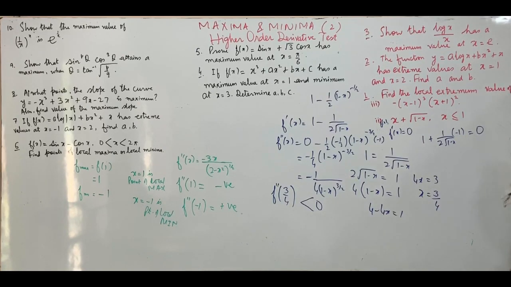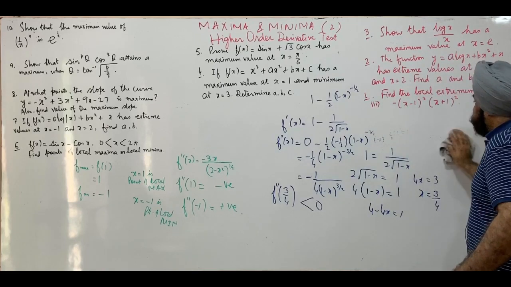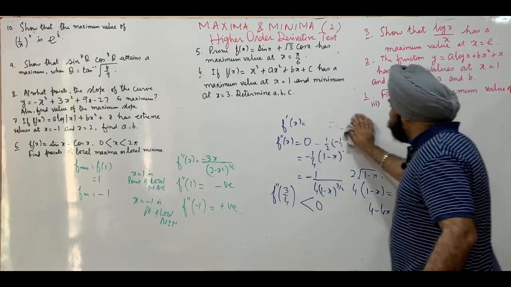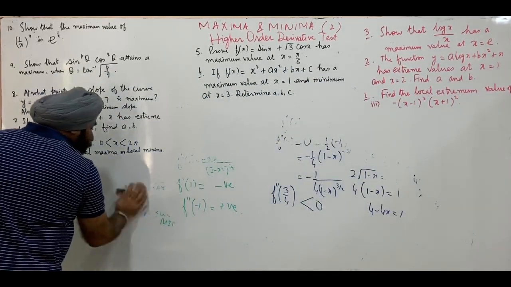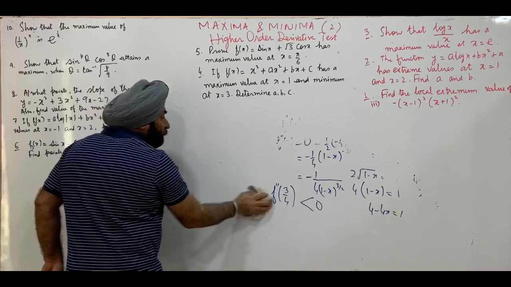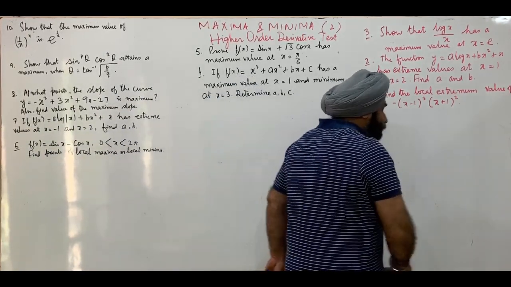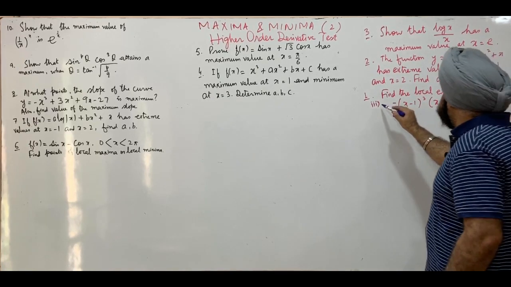And the third part, we have f(x) as minus of (x minus 1) whole cube into (x plus 1) whole square. The first step, that same, we write this is f(x).